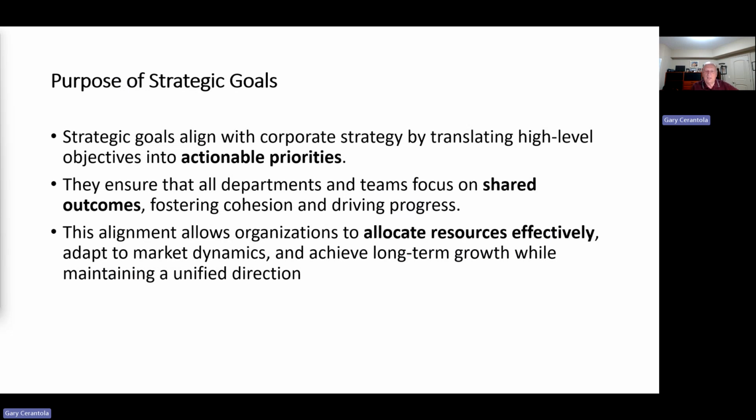You really need to look at it from a cascading point of view, from the vision and the mission, to be able to have these goals align across all parts of the organization, to be able to have strong outcomes, and all because of scarce resources, right?